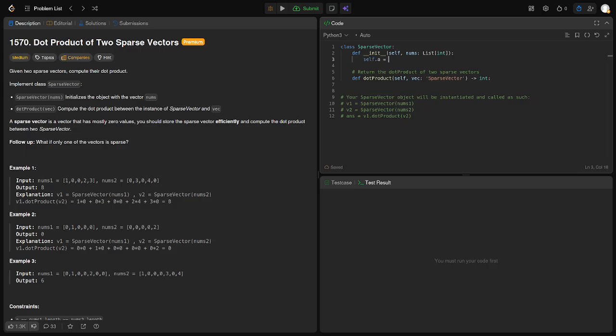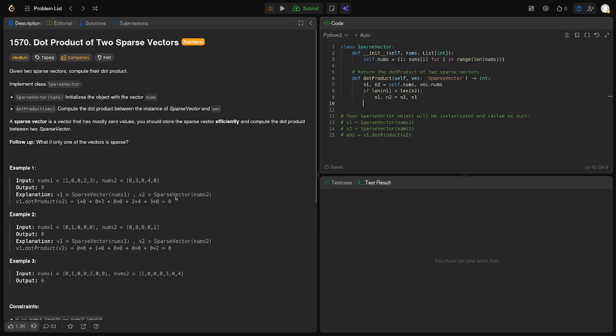Self, let's call it nums, something like this, right? And then n1, n2, self nums, that's nums. If len n1, n2.